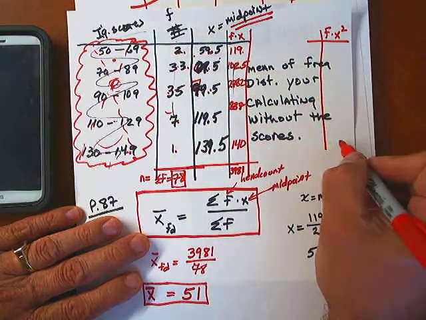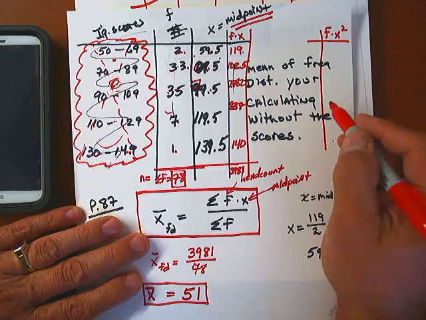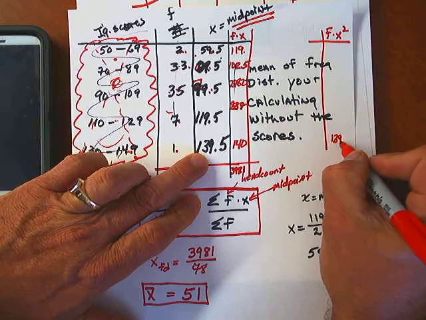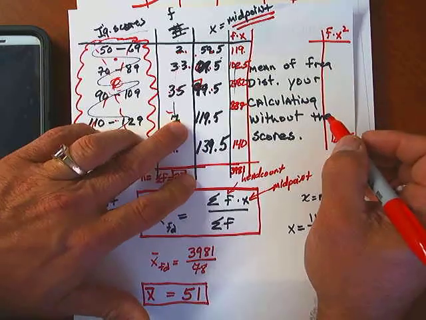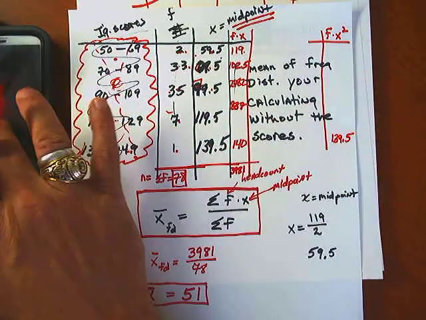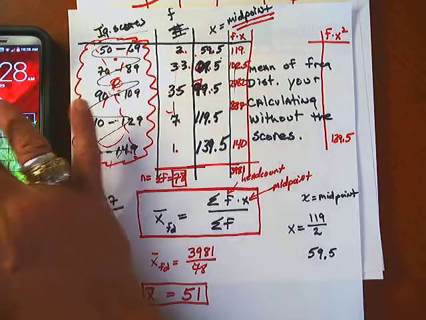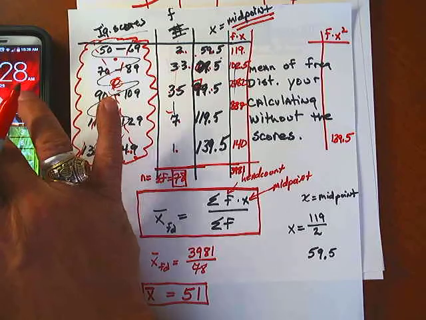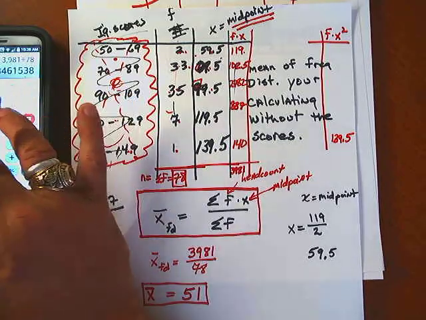You've already got that. That's 3981, and then you're going to square it. So we can go to this problem right here and add another column and call it f times x squared.